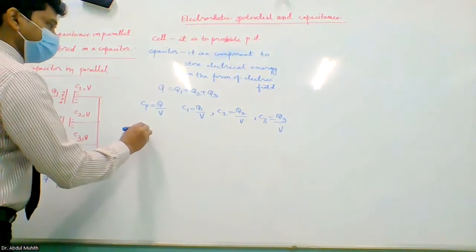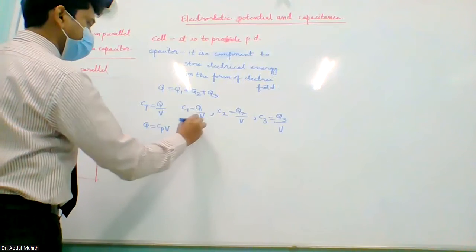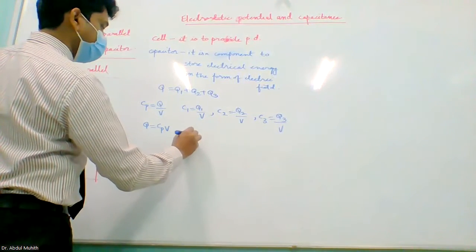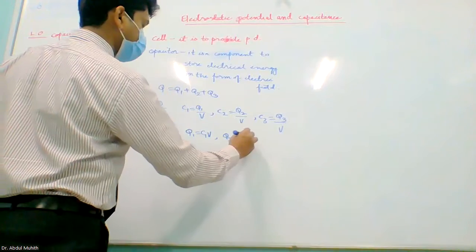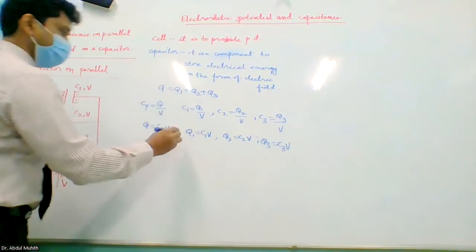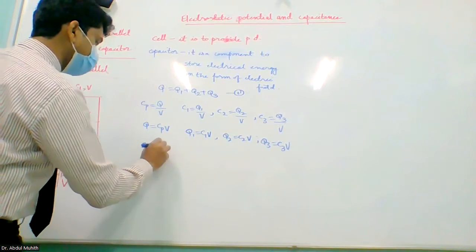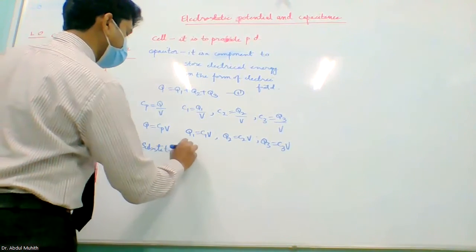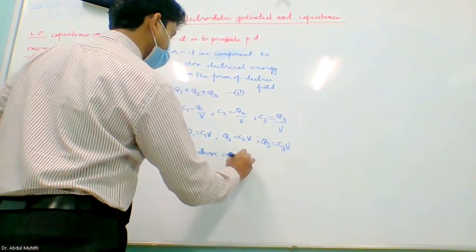Now what is the formula here? Q is equal to Cp into V. So Q1 is equal to C1V, Q2 is equal to C2V, Q3 is equal to C3V. Then substitute the above in equation 1.